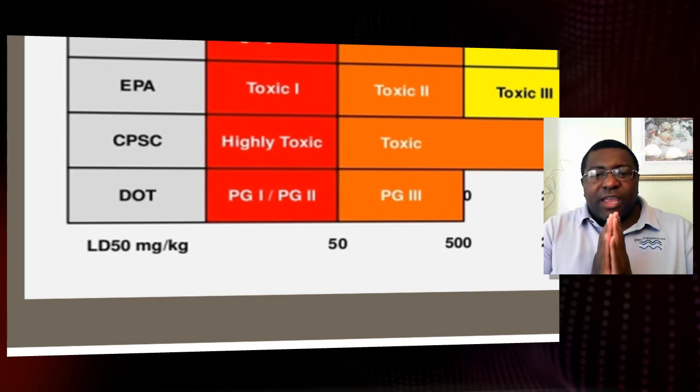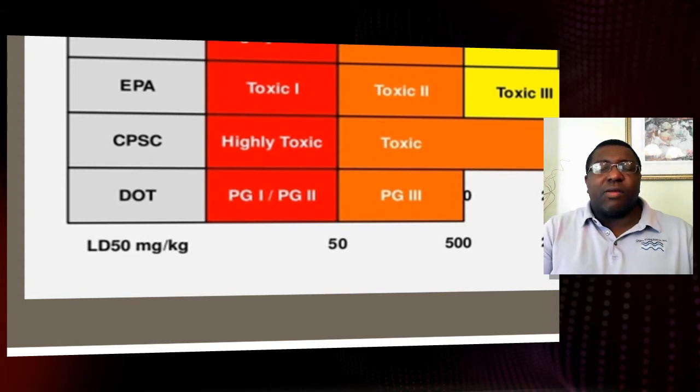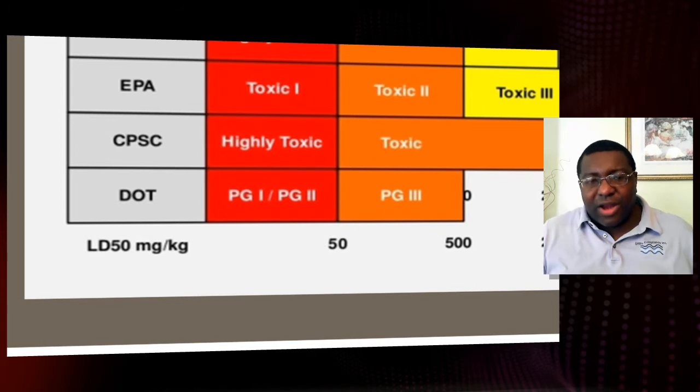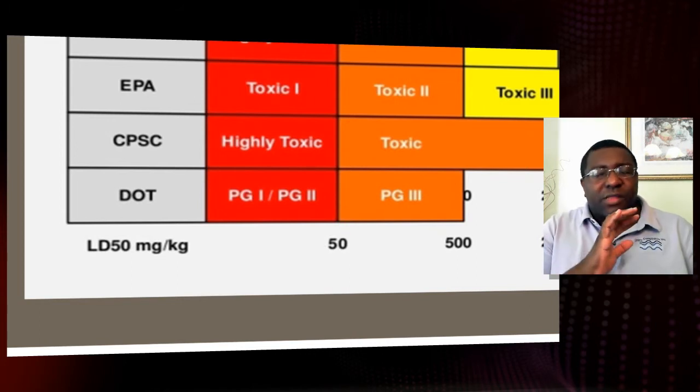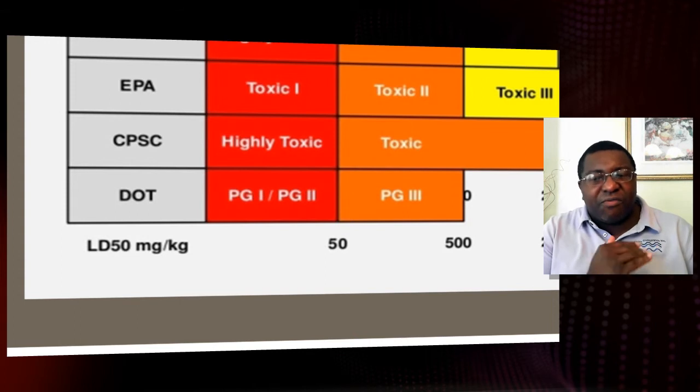So if they use 100 lab rats and they expose them to whatever this chemical is at milligrams, let's say it's 10 milligrams, and out of the 100 lab rats, 50 of them die at 10 milligrams, that means it's highly toxic, and that's going to fall over here in this range.